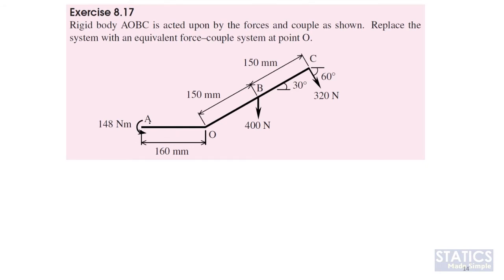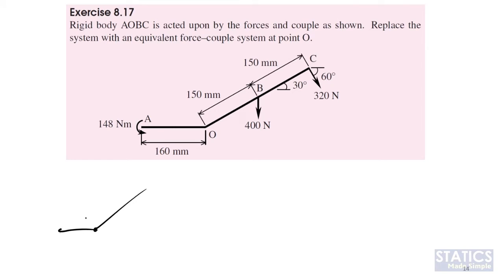It's not a moment at A or at any point, so it must be a free couple. We want to replace all the forces and the moment acting on this rigid body with an equivalent force couple system acting at O.